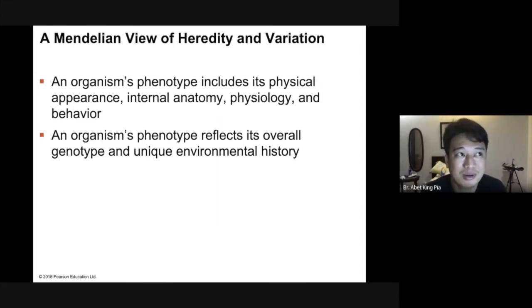Pwede mo naman siyang makontrol. Kung may halimbawa sa genetic diseases, pwede naman siyang i-control, pwede mo siyang as much as possible hindi magpakita agad or hindi mabilis yung effect ng mga genetic diseases sa atin.